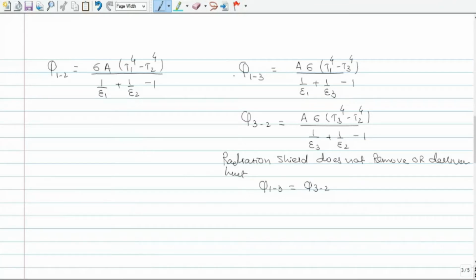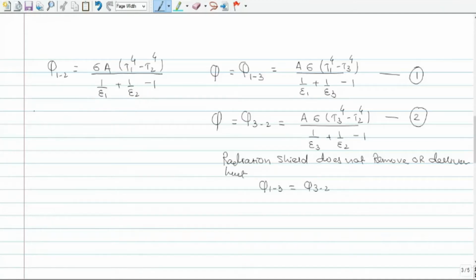Okay, so now I'm assuming here the one quantity, that is Q. Now from these two expressions, I'm giving the names expression 1 and expression 2. What I'm going to do over here is make T1 to the power 4 minus T3 to the power 4 the subject from equation 1, and then make T3 to the power 4 minus T2 to the power 4 the subject from equation number 2.